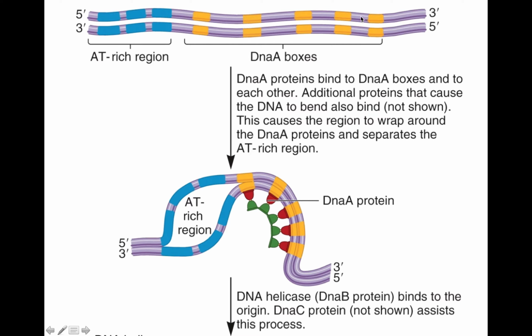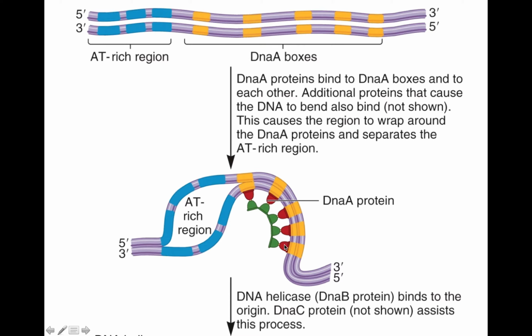Here is a diagram of our double-stranded DNA with the DnaA boxes and the AT-rich region. The first event that occurs during the initiation of DNA replication is the binding of the DnaA protein to these individual boxes. The DnaA protein not only binds to the DNA, but additional proteins also bind to the DNA and to each other, causing the DNA to bend sharply in this region.